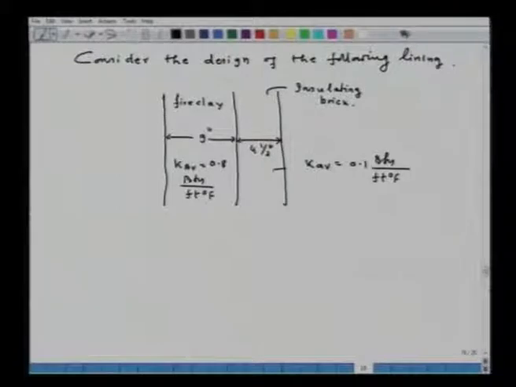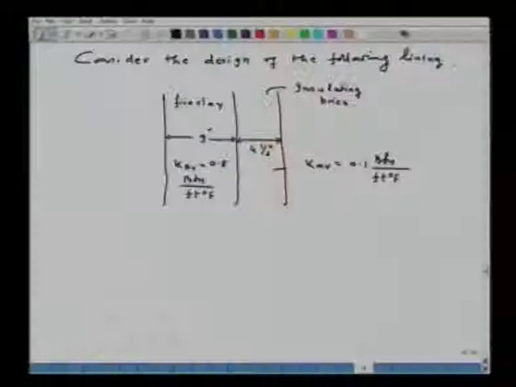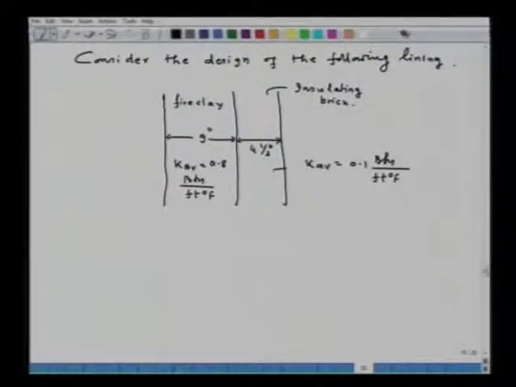So, this is a composite wall made of two types of refractory bricks. One is fire clay which is 9 inch thick and another is insulating brick which is 4.5 inch thick. Now, the temperature of the fire clay brick facing the combustion chamber of the furnace, that is, the temperature at the combustion chamber and fire clay interface, is given to you as 2050 degree Fahrenheit.